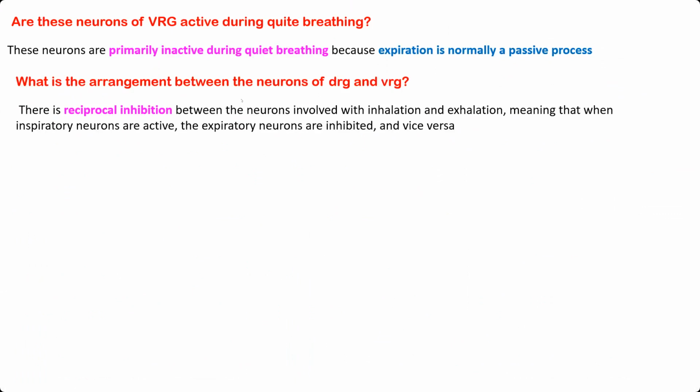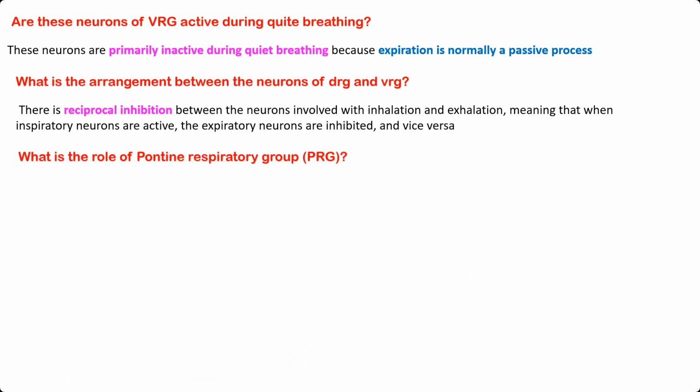The arrangement between the neurons of the DRG and VRG involves reciprocal inhibition between the neurons involved in inflation and expiration. So you have the rhythmic or cyclical alternation between inspiration and expiration because of the intercommunication between these two areas.